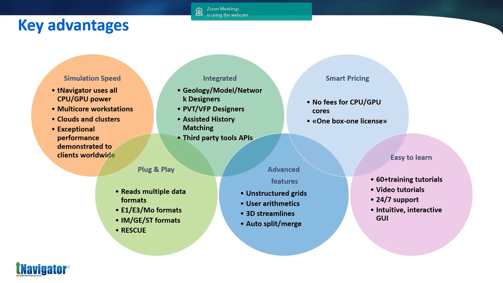To Tnavigator codes have been written in parallel, so this takes advantage of these multi-core processing units. By default, it uses the maximum number of cores you have in your machine, maybe a PC or a workstation, and you can also run it on a cluster. It's a multi-platform application, and because of this, To Tnavigator is quite fast.